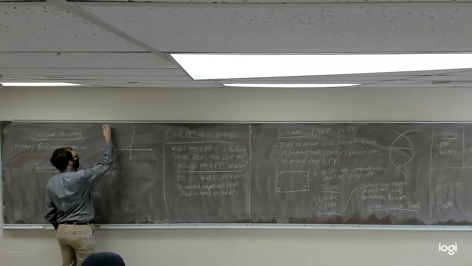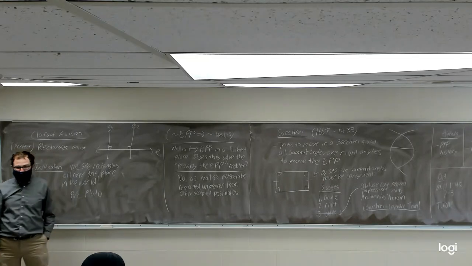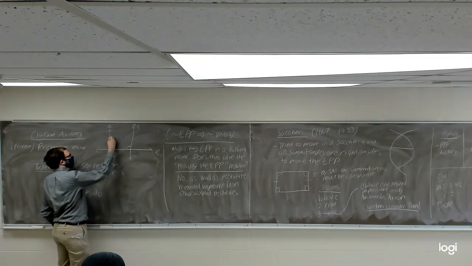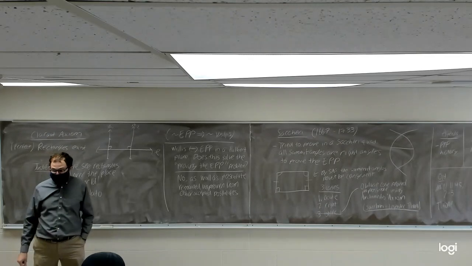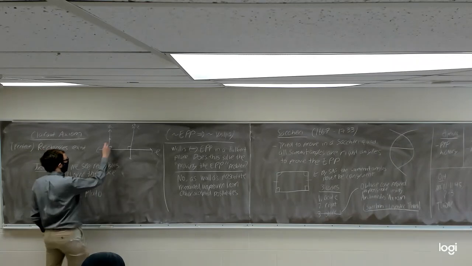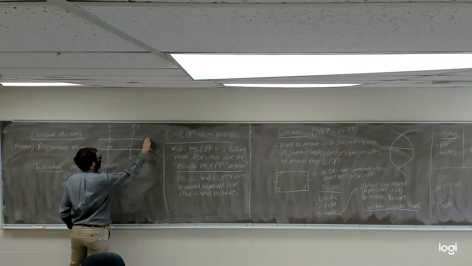Call this M1, M2, this will be our L. Let's pick a point on M1. We could show that there has to exist a perpendicular to M1 through that point, through some line, call it N.